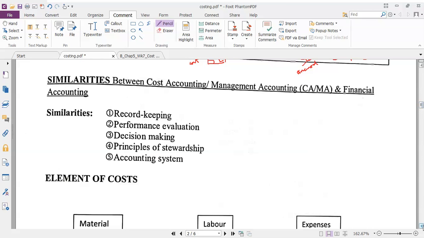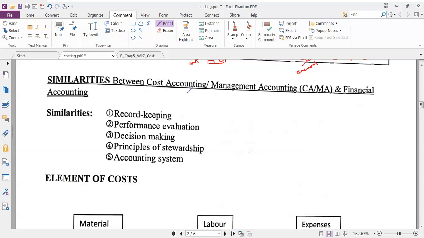Apa benda information yang berkaitan mesti kena simpan record tersebut. Okay, what else? Performance evaluation. Maksudnya performance evaluation ni sama ada financial accounting ke cost accounting ke kena identify. What is your performance and evaluate whether your target or your plan is achieved or not.